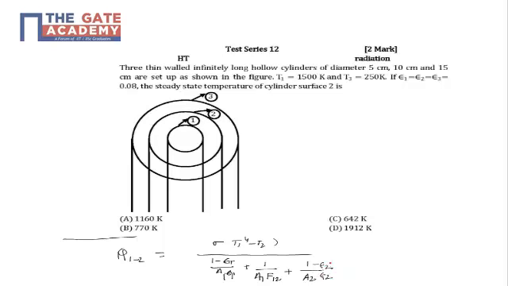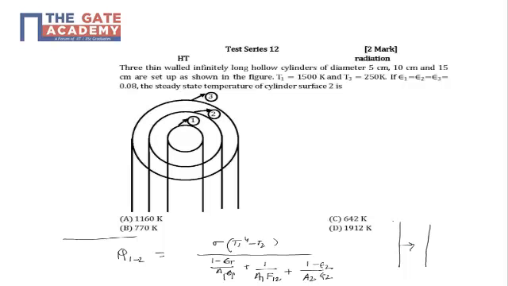So this is the radiative heat transfer between body 1 and 2, which are non-black and long. This is general for any two long bodies, and this is the basic thing for heat transfer between 1 and 2.